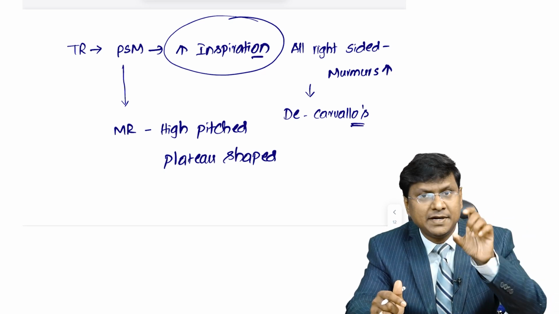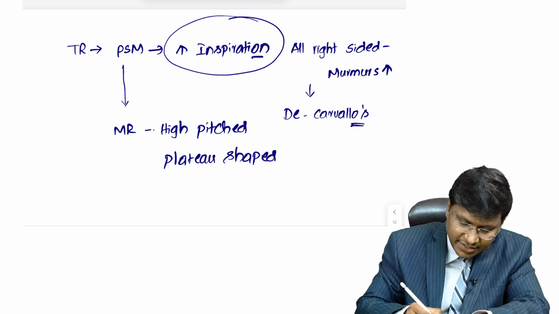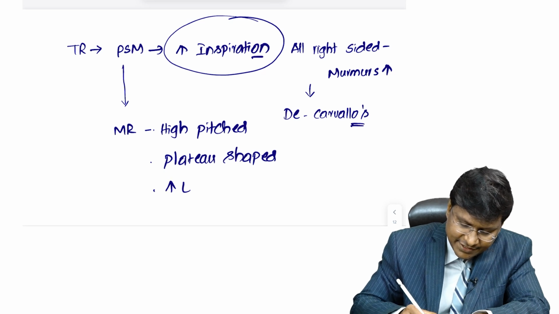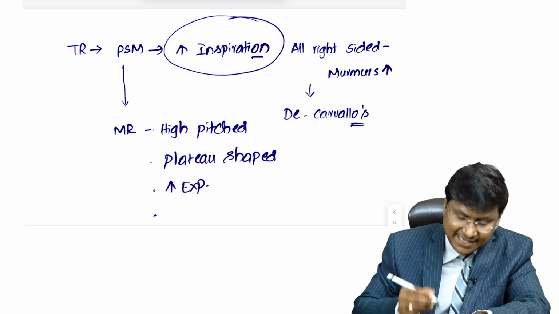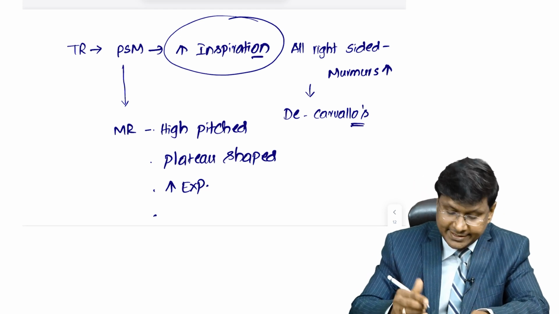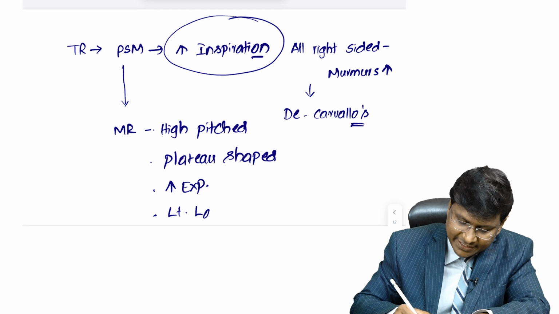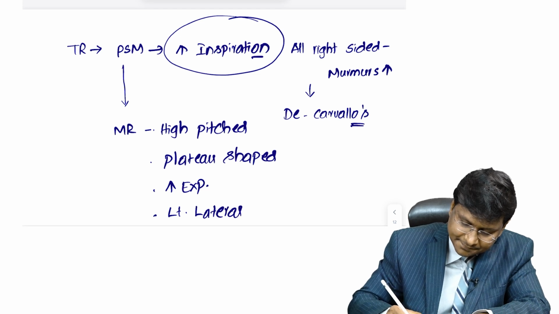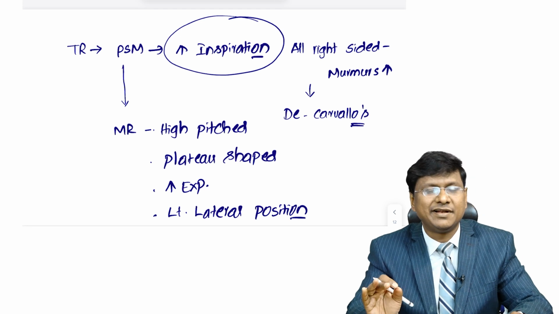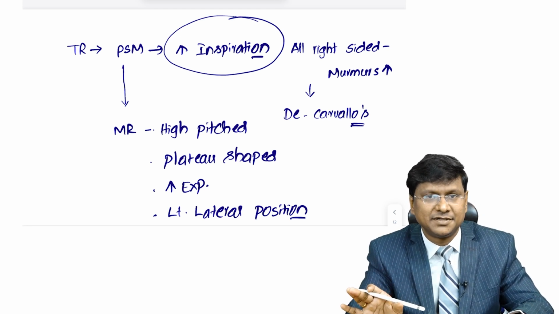And the MR murmur, as I have said, increases on expiration. This MR murmur is best heard with the individual lying down, in the left lateral position. So this is the description related to the MR murmur, right?